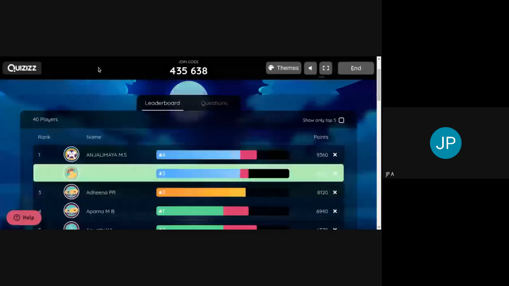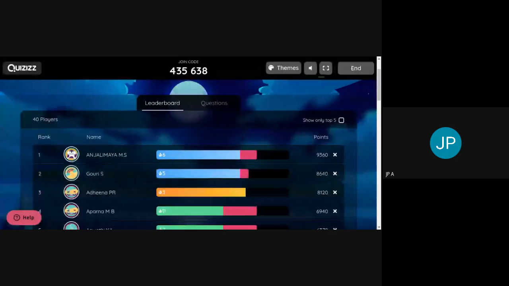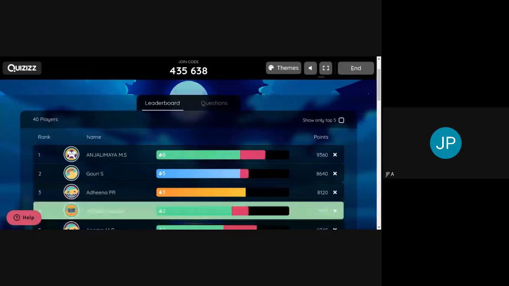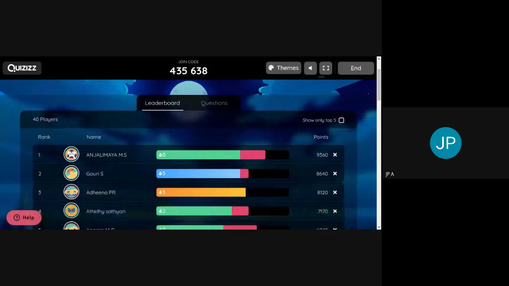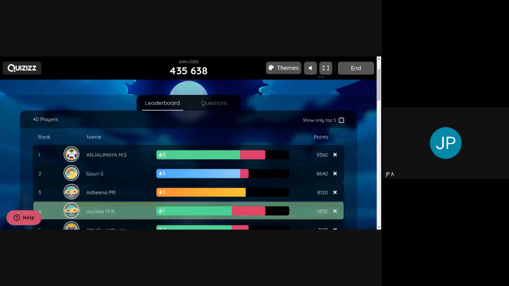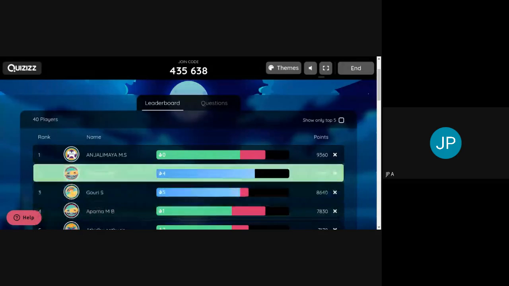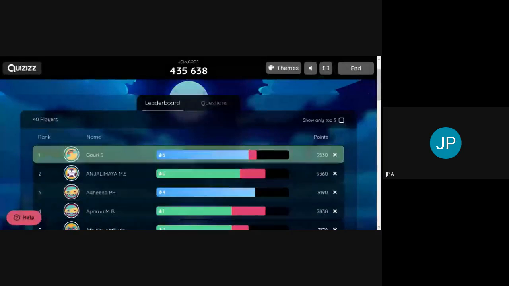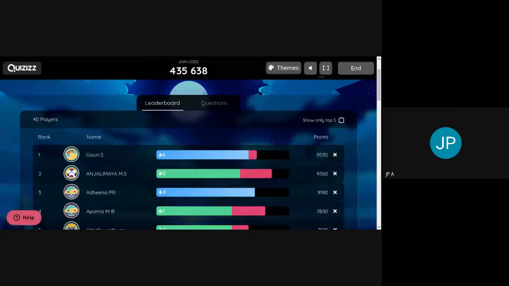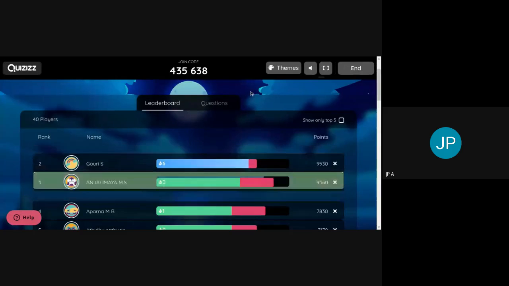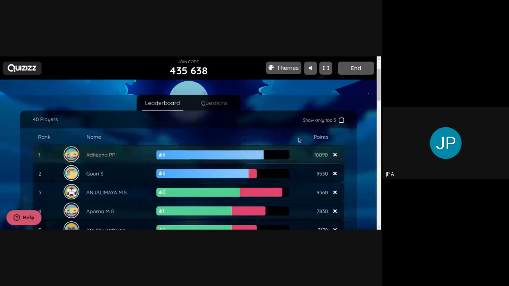The points are calculated not only according to the correct answers, but also according to the time that you take to answer these questions. These are the two criteria they consider for the points awarded. So that's how this leaderboard is changing. We now have 40 participants in this quiz.